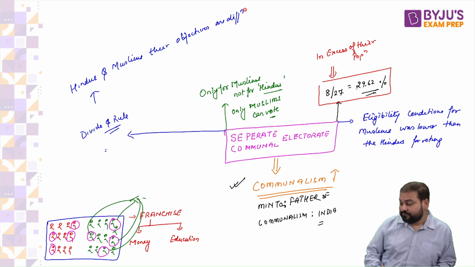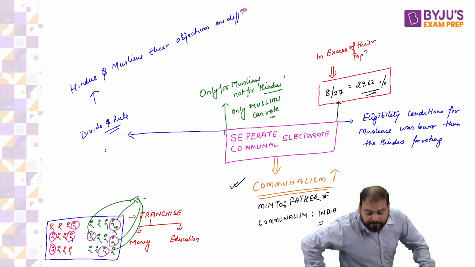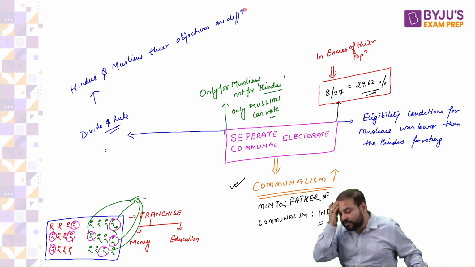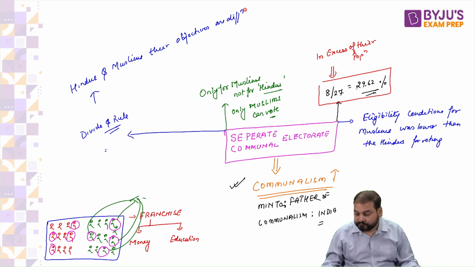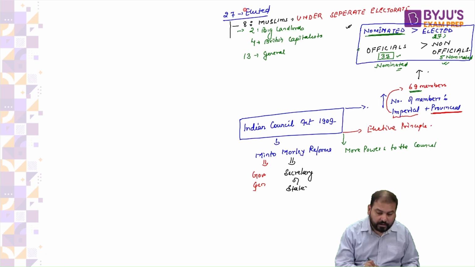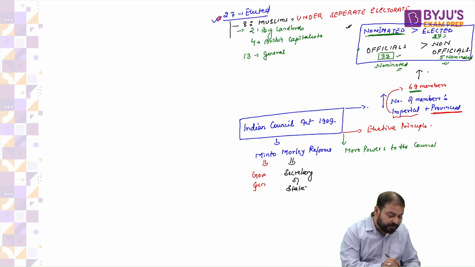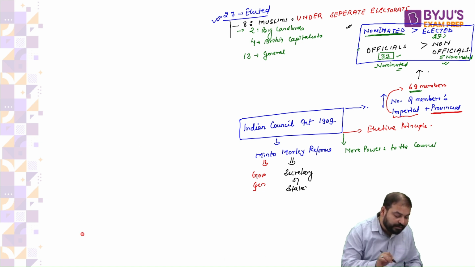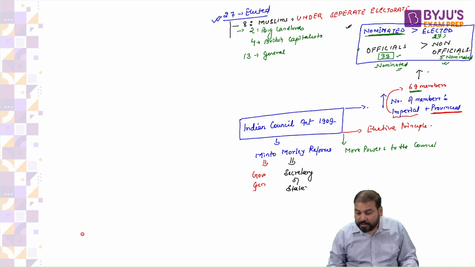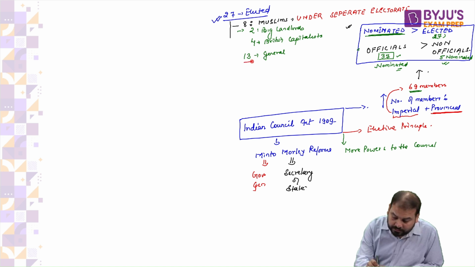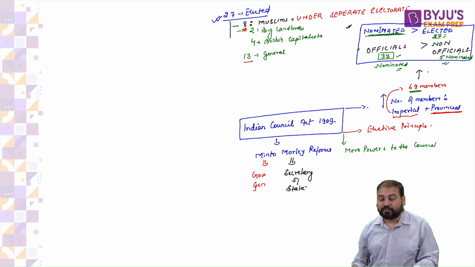Everyone, am I clear? All of you, is separate electorate or communal electorate clear? So all of you can see 27 seats were there overall for the elected. And out of these, 13 general and 8 for the Muslims.